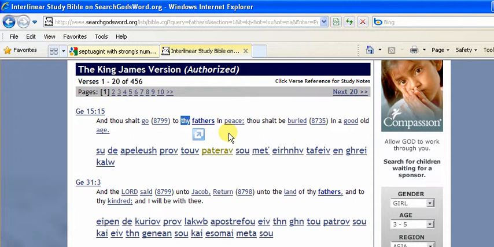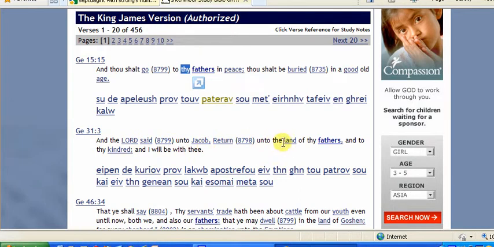And so as you can see here, Genesis 31:3, and the Lord said unto Jacob, "Return unto the land of thy fathers." And of course we get the same root word in Greek, patrov.